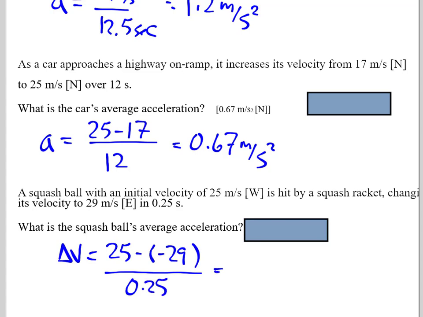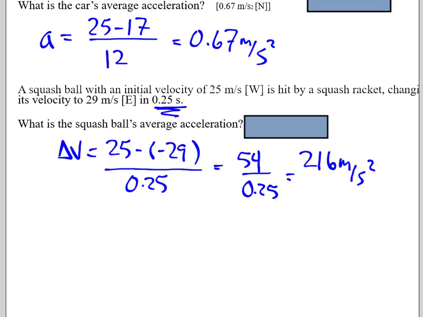So we have 54 divided by 0.25. We have an acceleration of 216 meters per second squared. That's a really large number, but what you have to remember is the time it's actually accelerating is very small. That's one of those weird things that shows up with acceleration, but you do get some fun answers if you hit a volleyball, and we'll talk about that later.